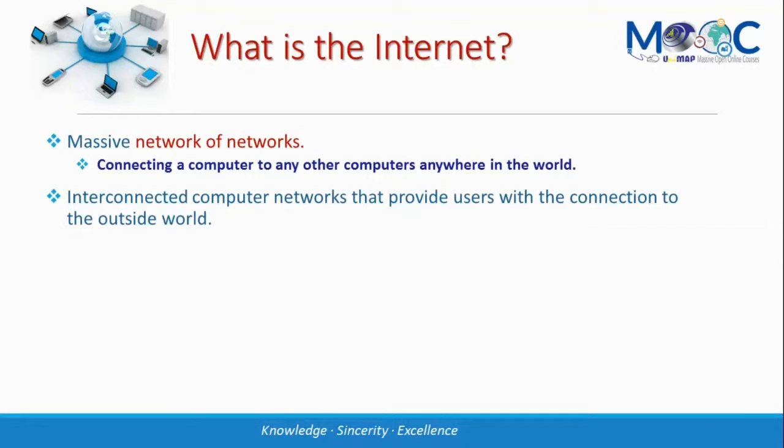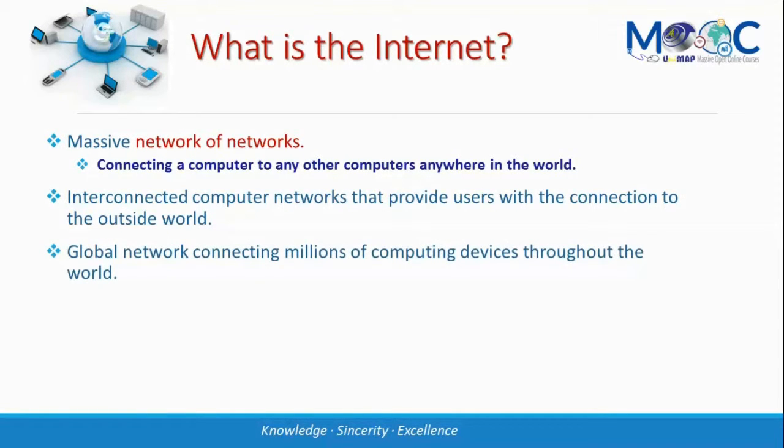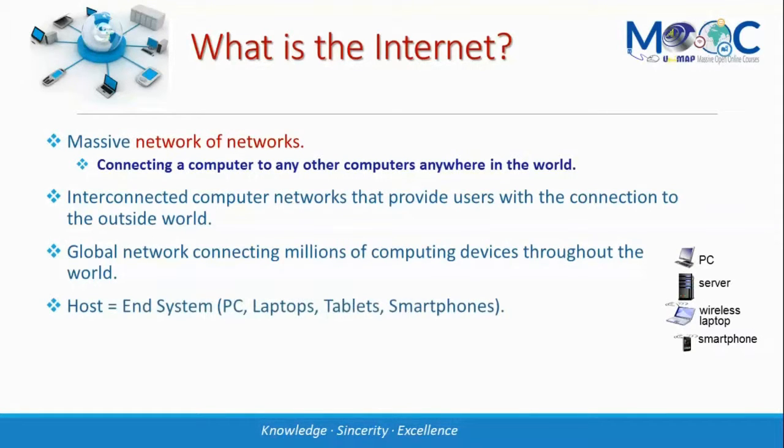An Internet is also an interconnected computer networks that provide users with a connection to the outside world. Or in other words, using an Internet, millions or billions of computing devices can be globally connected. In networking terms, these computing devices are known as host or end systems.